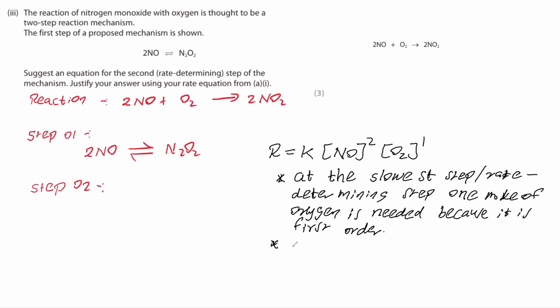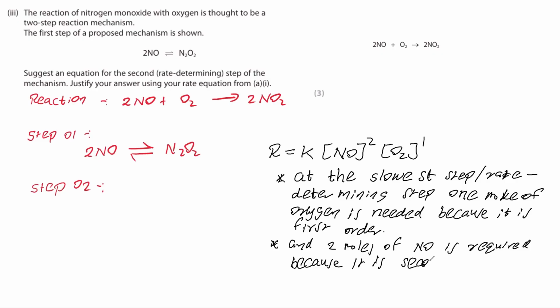And 2 moles of nitrogen monoxide are required because it is second order.